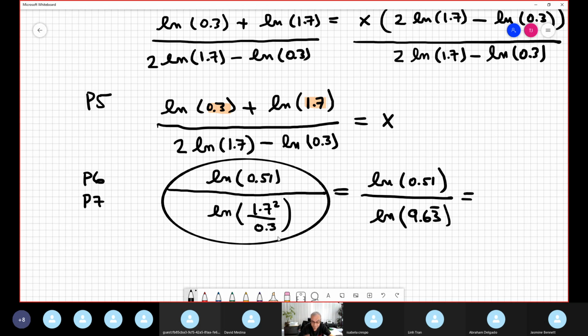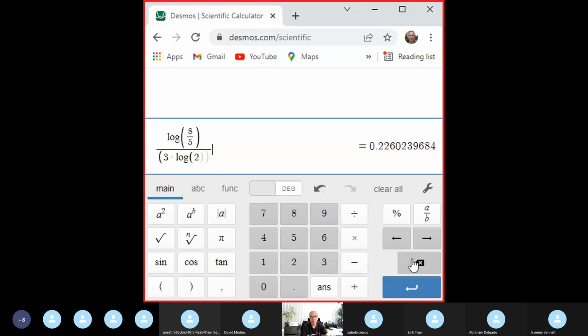Okay, and the calculator solves everything. Okay, let's do it. Do you see the calculator, right? Yes.